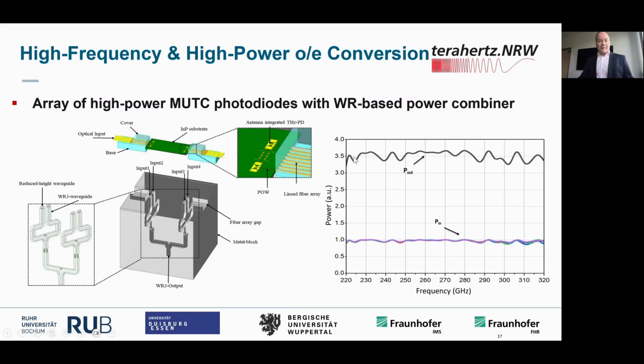If it would be a perfect package with no loss, you would have 4 times the output power because we are using 4 chips. We are reaching something like 3.5 times the output power over the full WR3 band. So almost the perfect power combining here. And that means we can have much higher power if we are using this kind of technology and using free space power combining in these waveguide blocks.